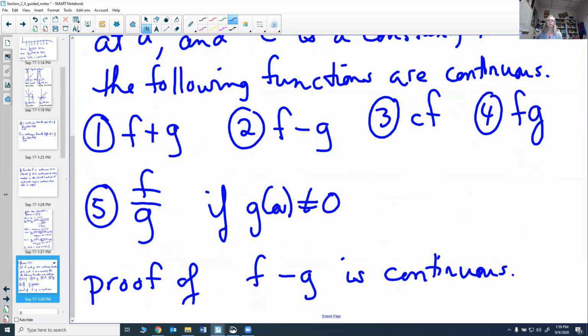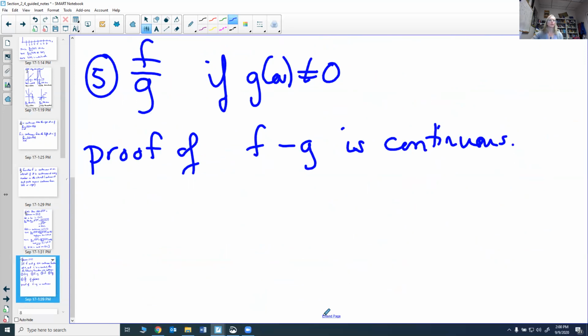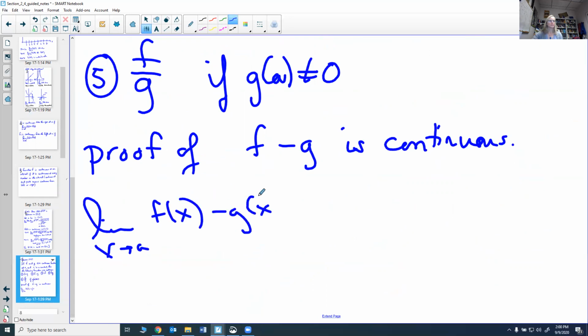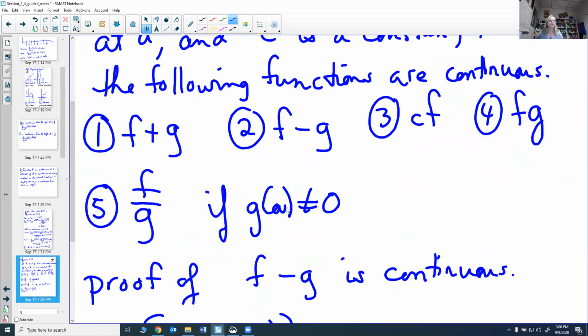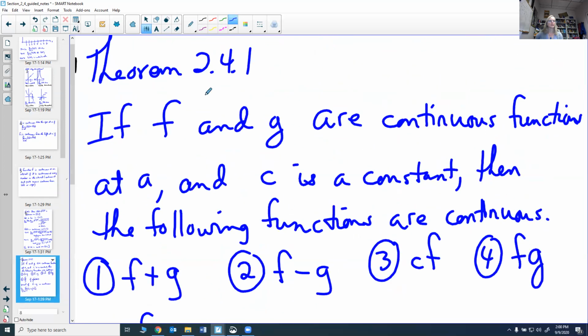Let's go ahead and just do a quick little proof of one of these. So we're going to do a proof that f minus g is continuous. Using the definition of continuity, the limit as x goes to a of f of x minus g of x is what we want to find. Now we need to remember the assumption here is that f and g are in fact continuous.